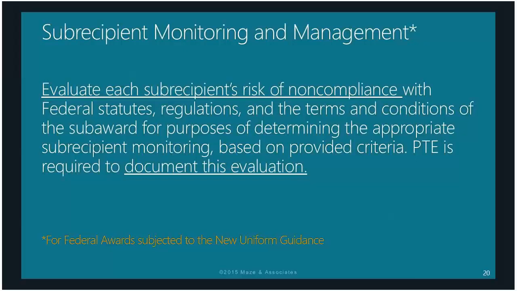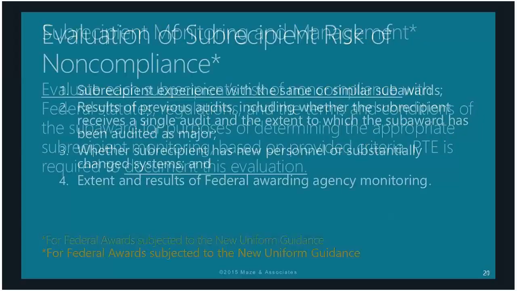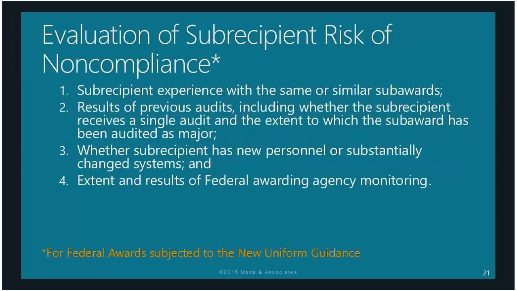So how do you evaluate the risk of non-compliance? Well, we went over this during session number 1, but here are just a few suggestions that the uniform guidance provided. Subrecipient's experience with the same or similar awards, the results of a previous audit, were there any findings, and whether the subrecipient has new personnel or substantially changed systems.